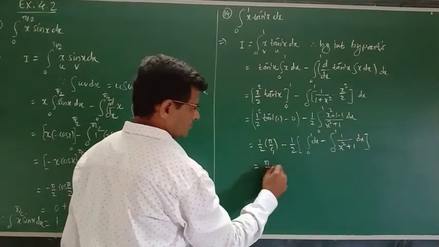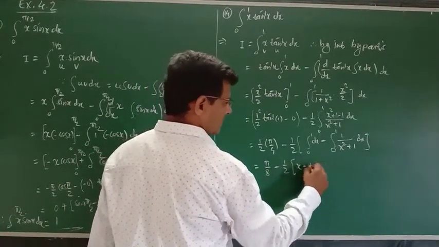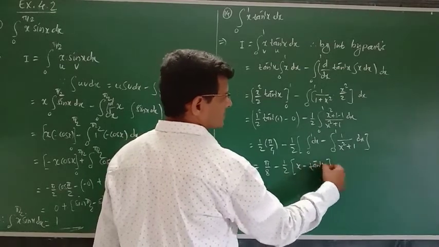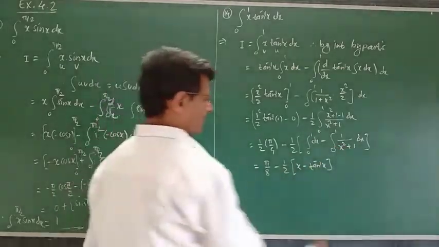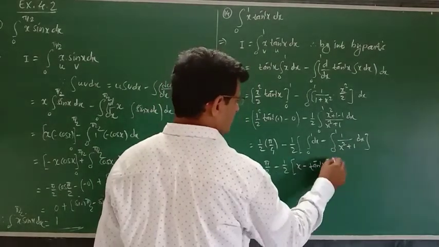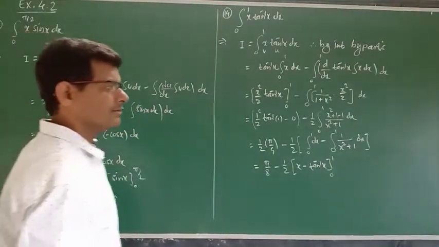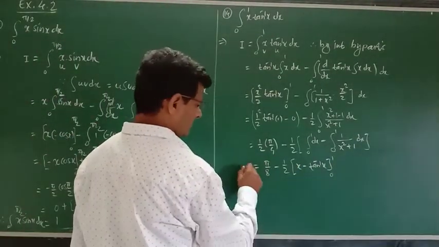Okay, so pi by 8 minus 1 half x minus tan inverse x. Okay, its integration is tan inverse x plus constant of integration, but this is a definite integral, so we need not add the constant of integration.